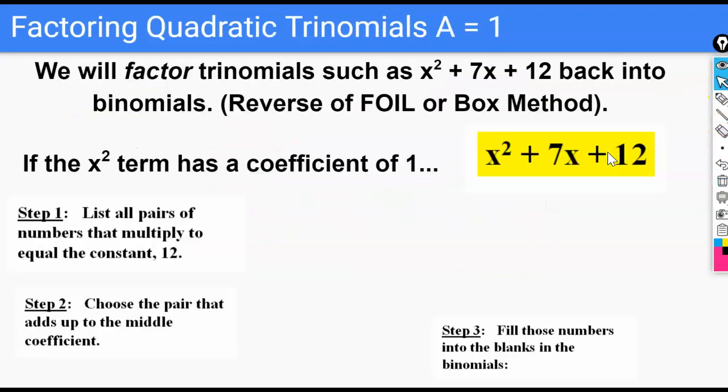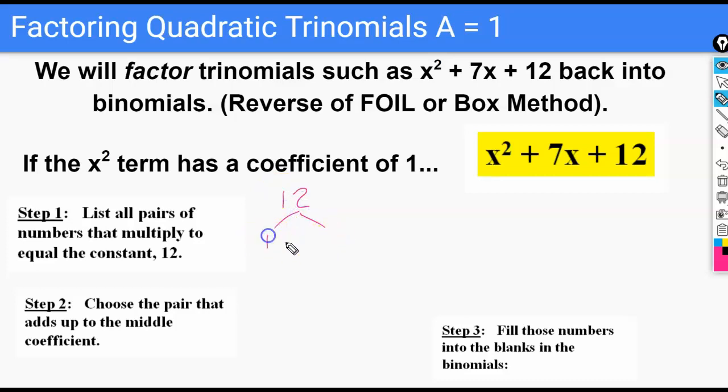Now, remembering factoring quadratic trinomials. So quadratic trinomials, we got x squared, x, and a number. We're going to start, though, where a is equal to 1. So when there's just a 1 in front of the x squared, those are the easiest to factor. So remember, our trick for doing that is first we want to find all the numbers that multiply to equal 12.